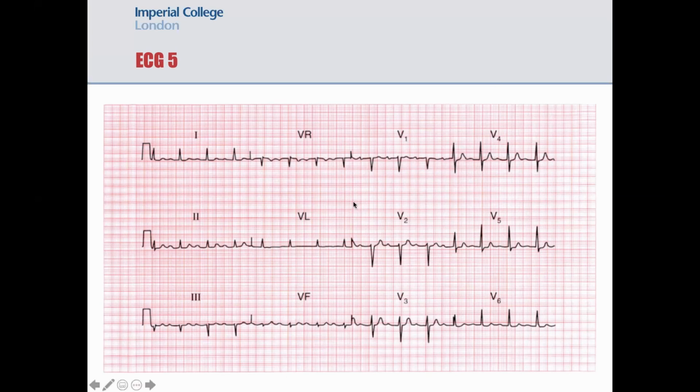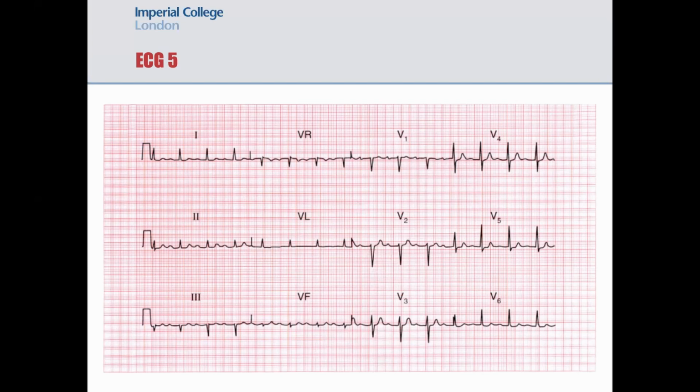Okay, fine. Someone thinks there might be ST elevation in V2, 3, and 5. This goes back to what I talked about with regards to the J point. If you look at the QRS complex in V2, 3, and 5, the QRS actually ends at the isoelectric line, and then the P wave happens.